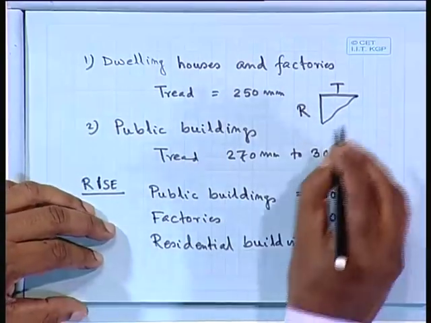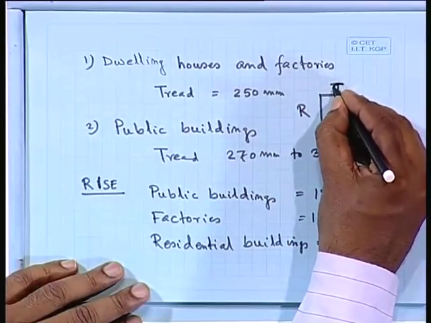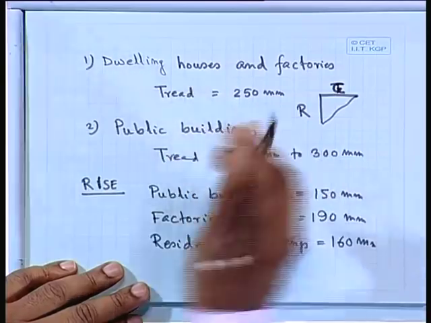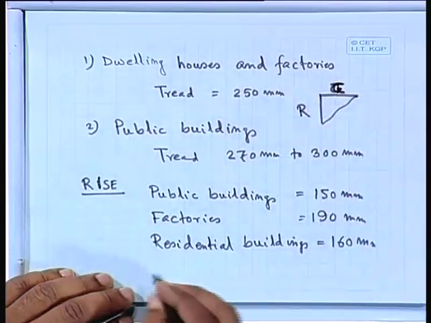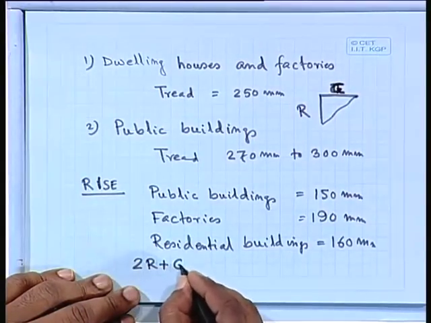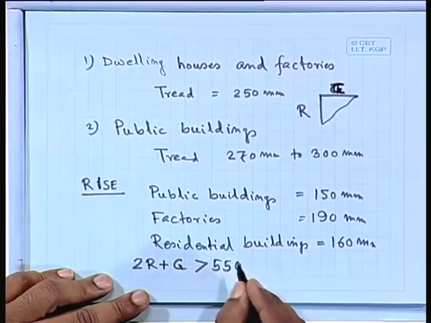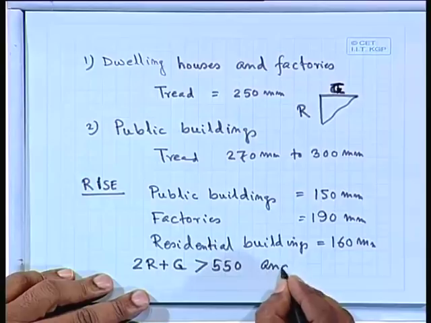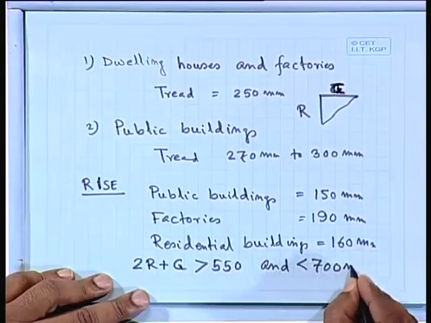There is a popular formula. Generally we write T for tread, or we can write G for going. So 2R plus G should be greater than 550 and less than 700 millimeter.